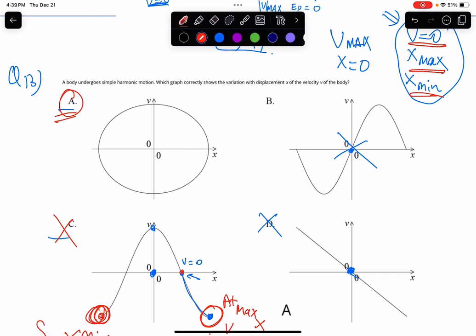Okay, so for example over here, when x is at its maximum, the velocity becomes 0. When x is at its minimum, the velocity becomes 0. And then over here, when x is 0, velocity is maximum, right?